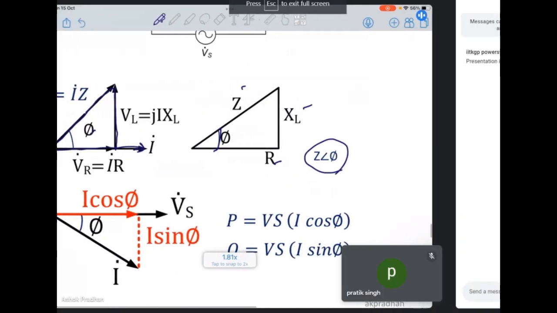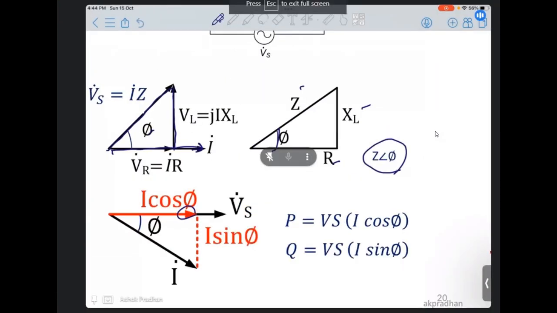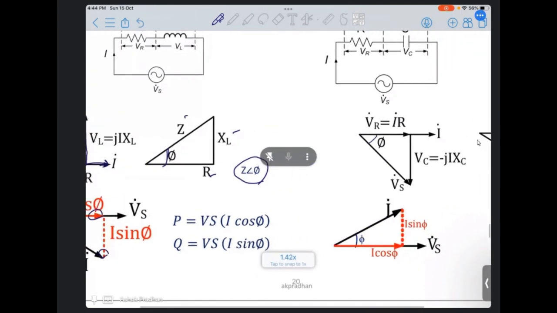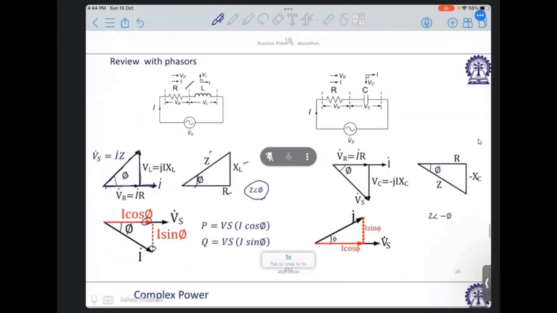Now if you see this perspective, this VS here, the I, so the in-phase component VI cos phi, and the corresponding perpendicular component VI sin phi is nothing but your Q. So far we know that. What to derive there also, on a similar line, agree? And in case of C, current leads voltage. If current is the reference here, because of the combination, this IR, voltage lags.